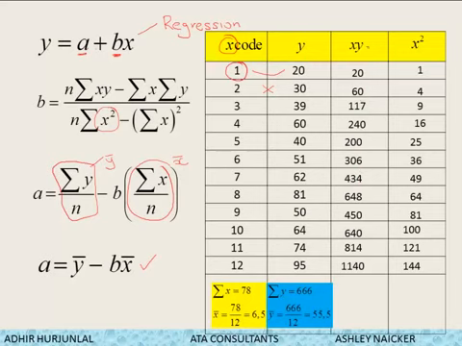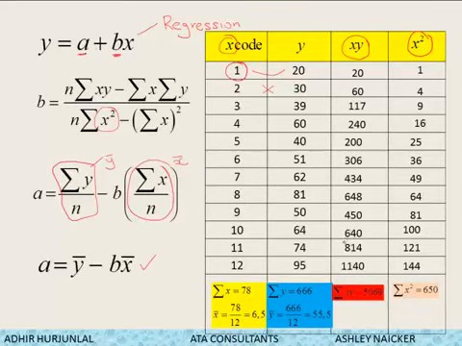Now what happens if I add up all these values? I get the sum of xy, and the sum of xy is 5069. And lastly, what about x squared? If I add up all the x squared values coming down here, I get the sum of x squared, which is 650.